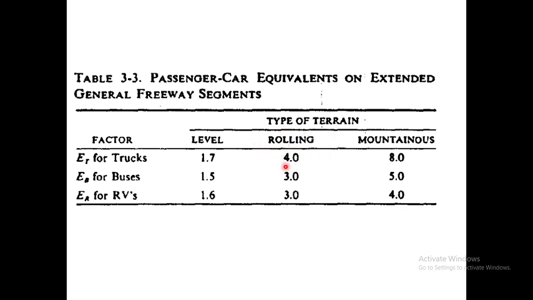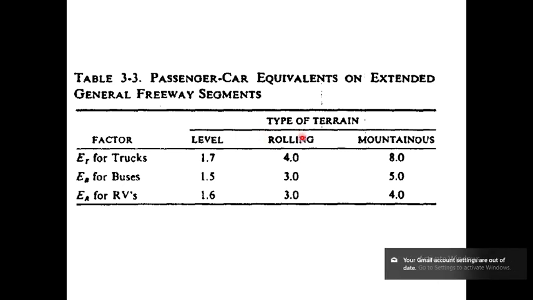So ET is equal to 4, EB equal to 3, and ER equal to 3 also. These terrain types are definitely given information in the problem. So in the problem, we will tell you, for example, that we are facing rolling terrain. So in the rolling terrain, you know that you have to come to this column.